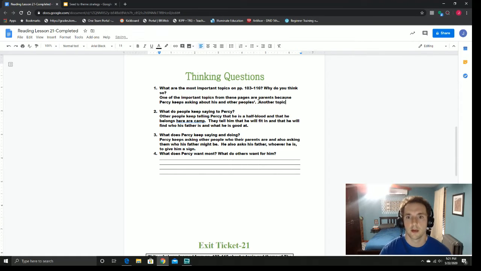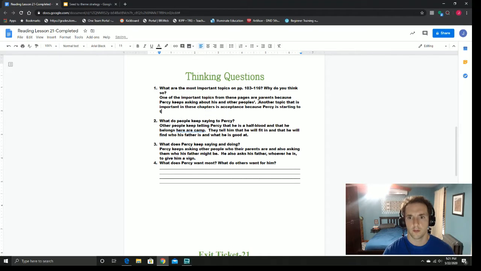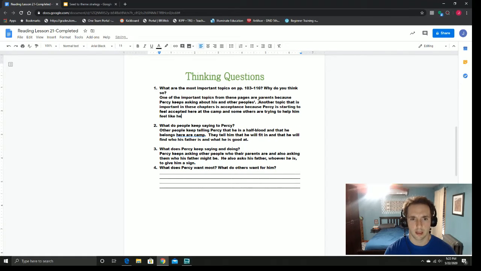Another topic that is important in these chapters is acceptance, because Percy is starting to feel accepted here at the camp, and some others are trying to help him feel like he belongs there.